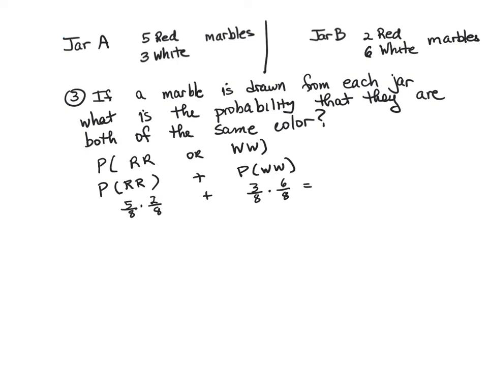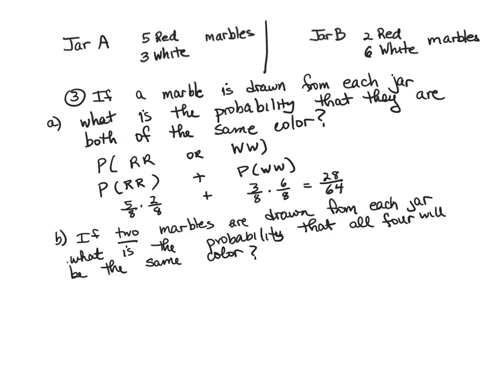So here we get 10 plus 18, which is 28 out of 64. Now this next one is a little bit more challenging. If we pick 2 marbles from each jar, what is the probability that all 4 will be the same color?